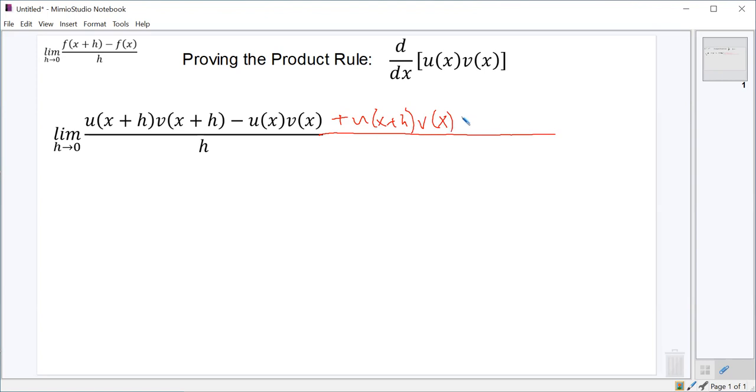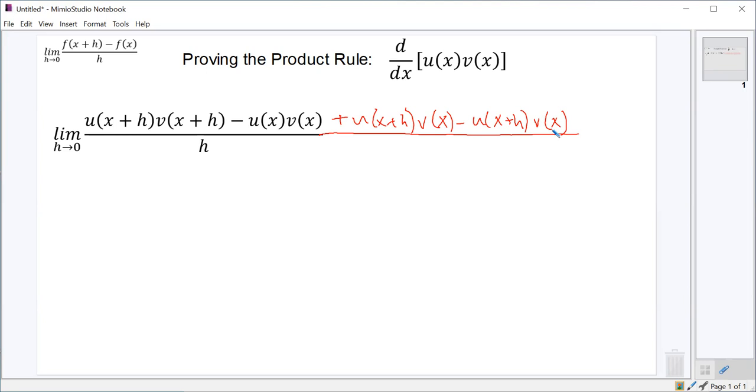And if I add that into the numerator, I also have to subtract it, because effectively that's like doing nothing. So I'm going to add u of x plus h, v of x and subtract u of x plus h, v of x in the numerator of this limit. Not really fundamentally changing it, but putting it in a slightly different form.